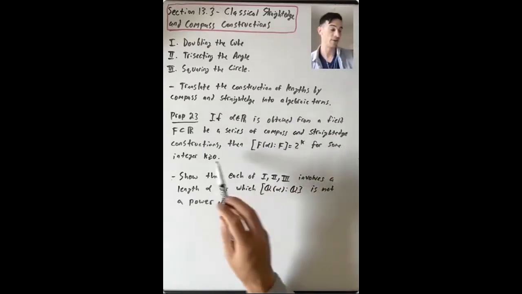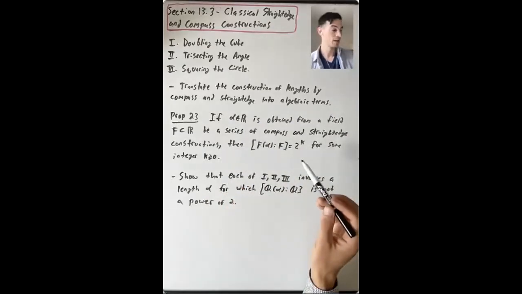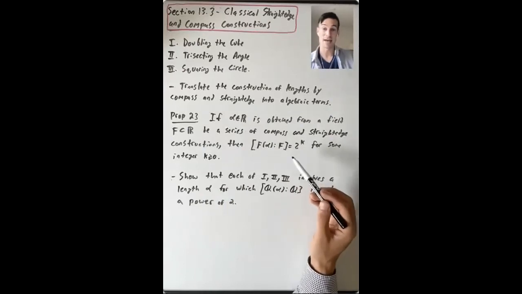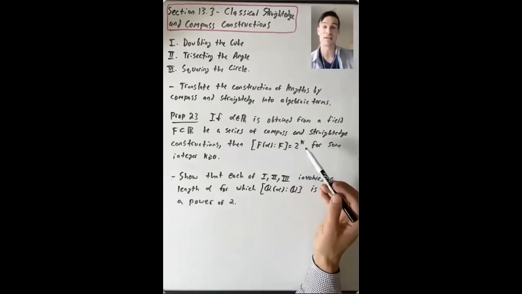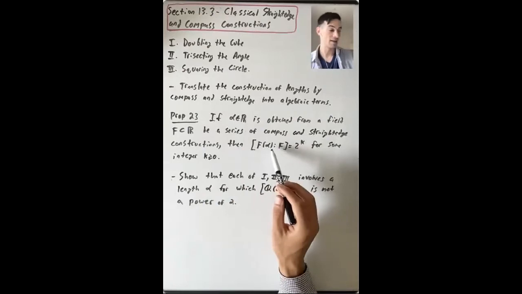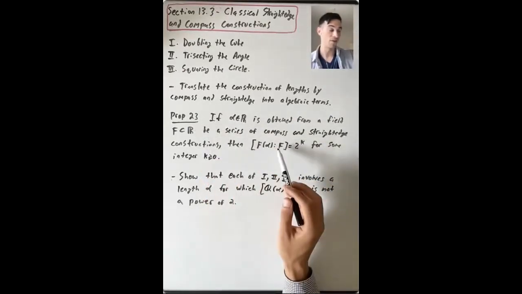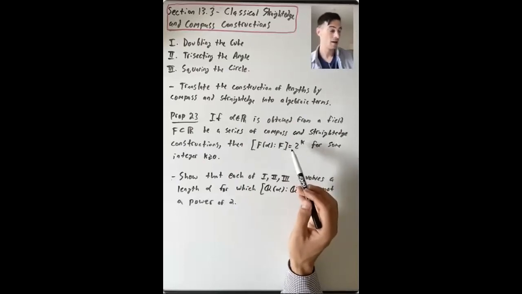So 2 to the k for some non-negative integer k. So the idea is starting from some set of lengths that you can construct, you ask what other things you can construct, and for the new lengths that were not in your field F, you're showing something very strong about the degrees of those extensions that you get.